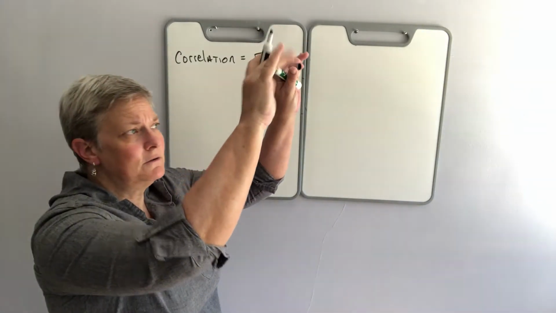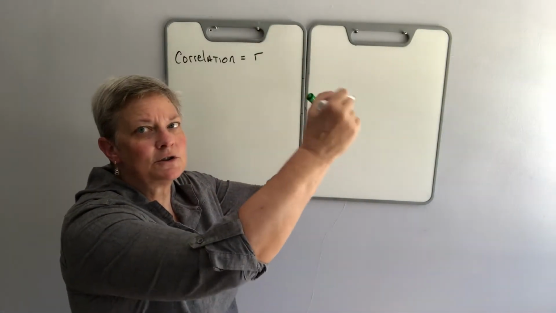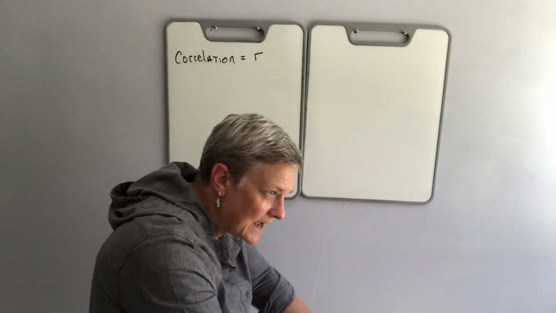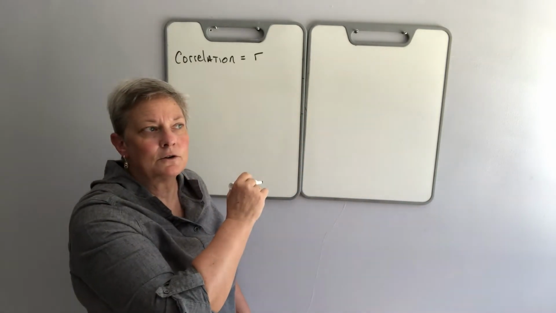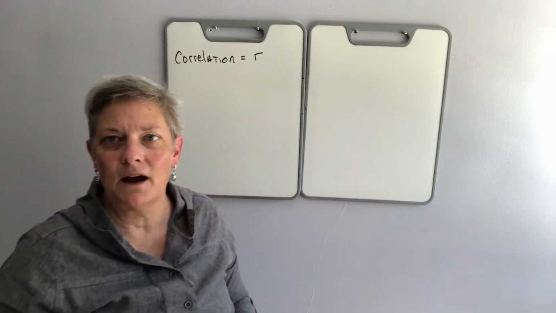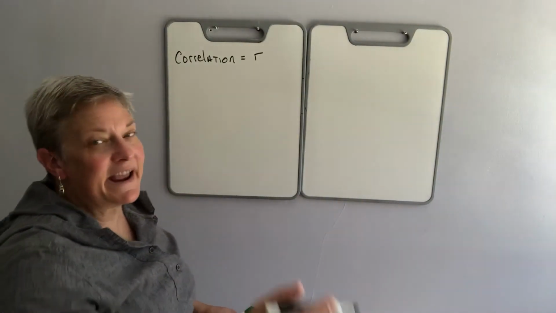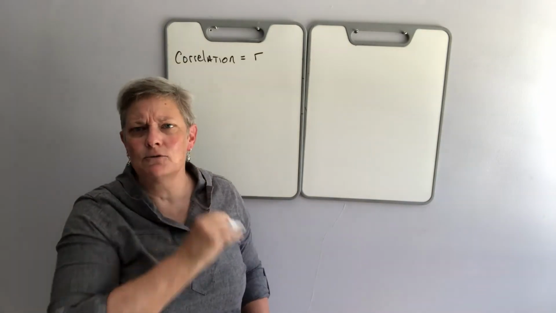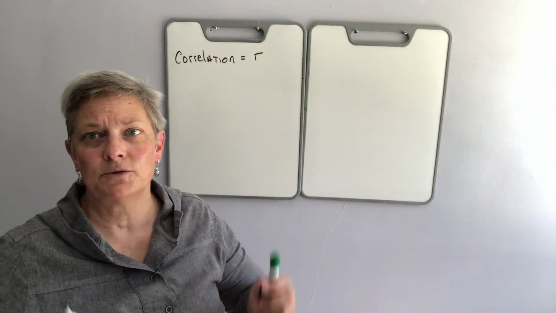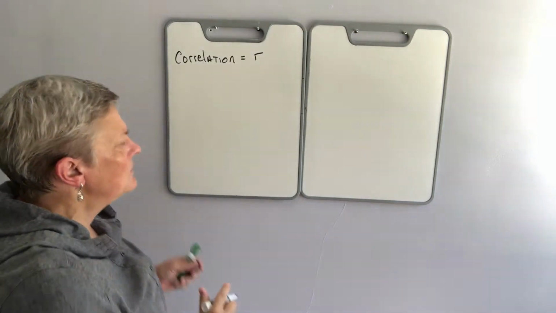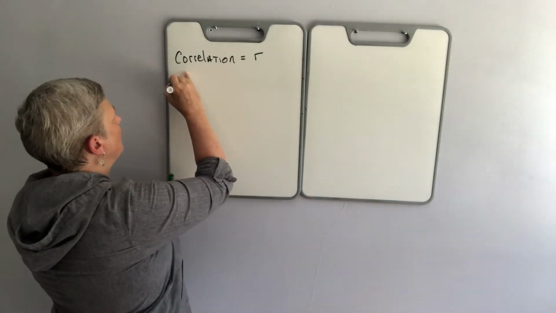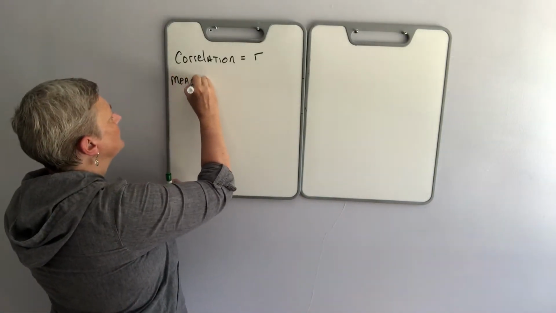One going uphill: as one variable gets larger, so does the other. One going downhill: as one goes up, the other one goes down, an inverse relationship. And we had varying degrees of it until we got to 0, where there was no relationship between the 2 variables.